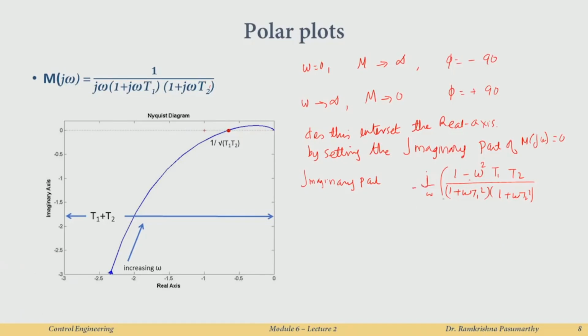Again, when does this go to 0? This goes to 0 when omega is 1 over square root of t1 t2. Now substitute this omega in the real part to get the value. I'll leave that simple computation to you.